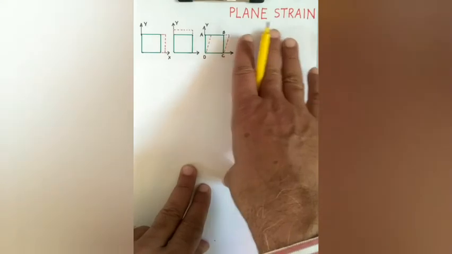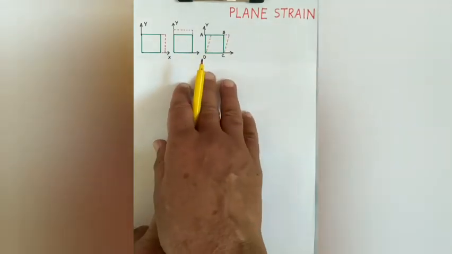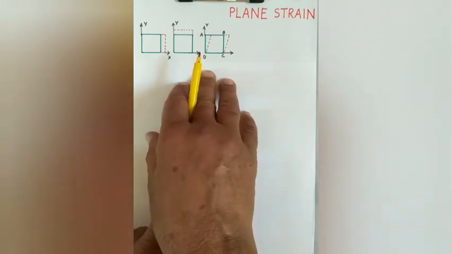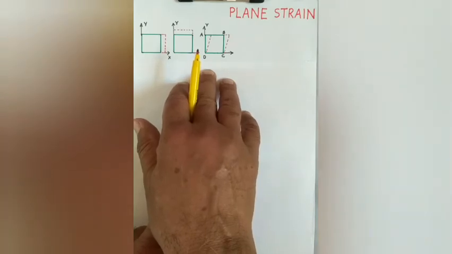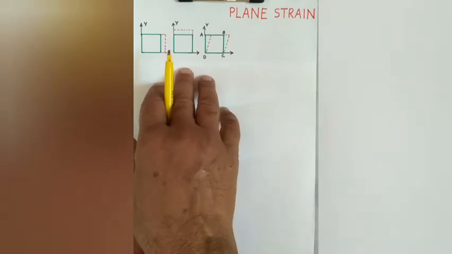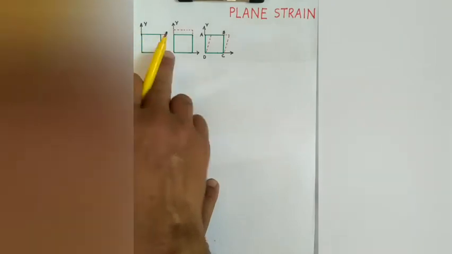Understand the concept of plane strain. Strain caused by normal or direct stresses is called normal strain, and strain caused by shear stress is called shear strain. Let us take a plane element of a strained material, say a plane in the XY plane.